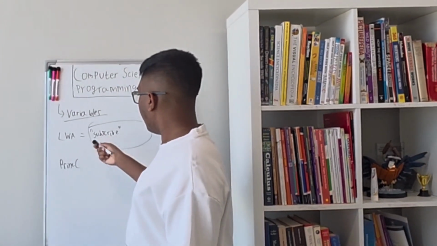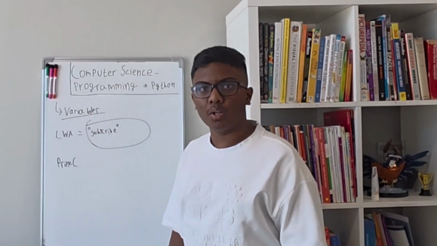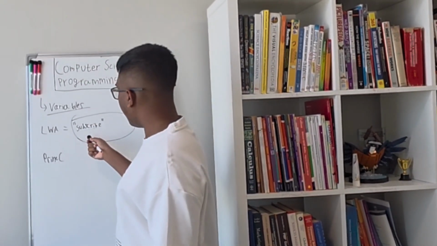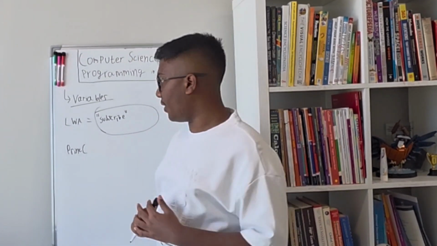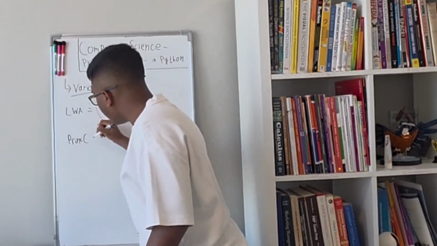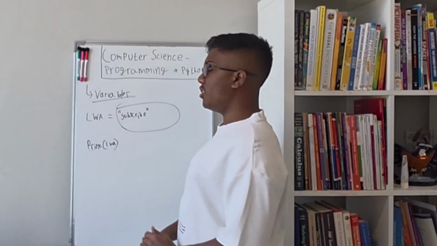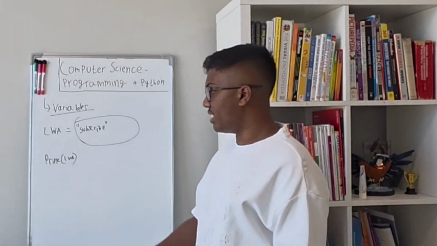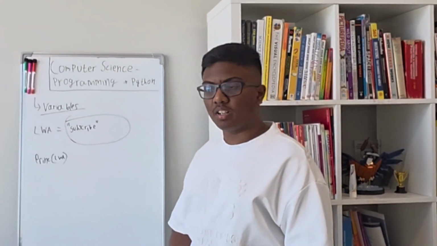So, we can say that LWA is defined as the word subscribe in a string. And for print, we don't actually have to write the word subscribe to print out the value of LWA. We can just write LWA directly in there. Just make sure it's not in quotes. Just write the variable name directly in there and make sure you've defined the variable correctly.